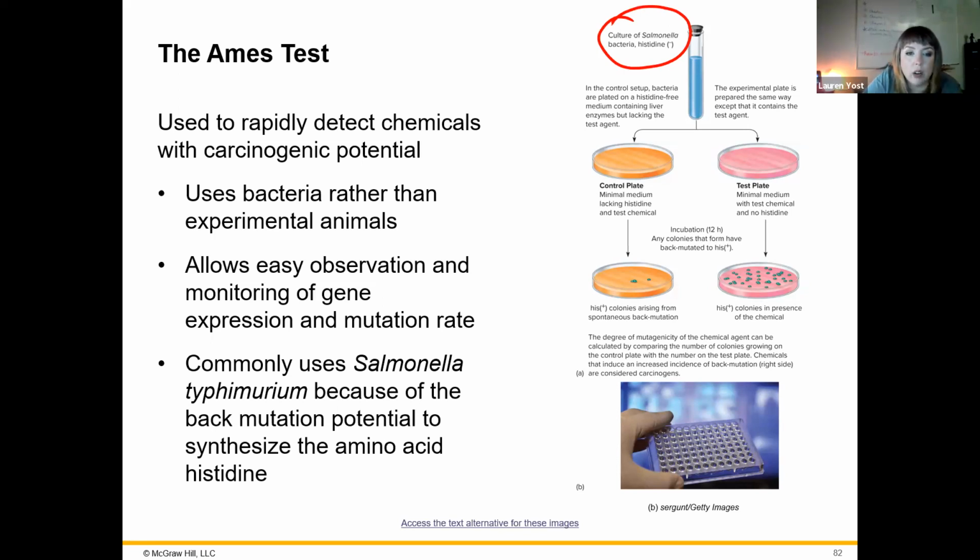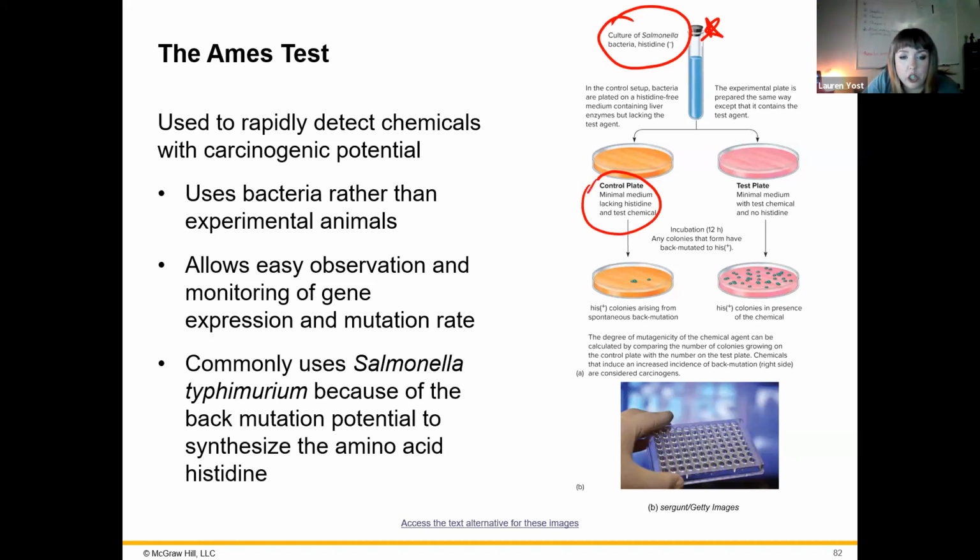So we plate it onto a plate lacking histidine and a test chemical. This organism can't make its own histidine, so if we don't provide it with histidine, it does not grow well. Okay, so that's what this is saying.